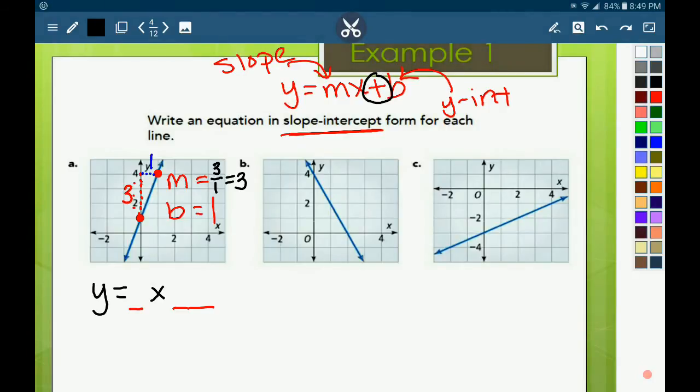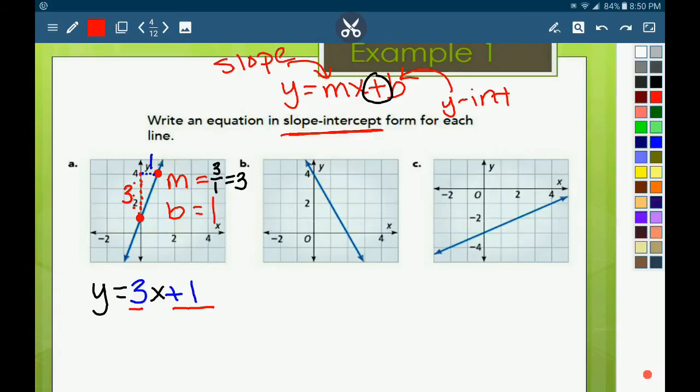If it's negative, that is minus. So in my example, my slope is 3 and my y-intercept is positive 1, so I should put plus 1. My equation here is y equals 3x plus 1. Let's take a look at the next example.